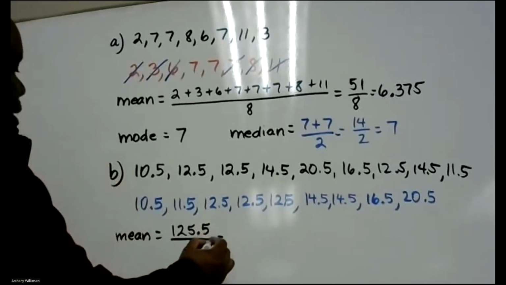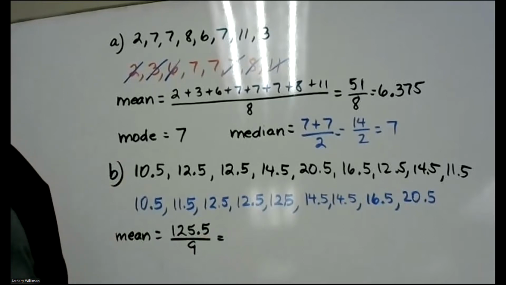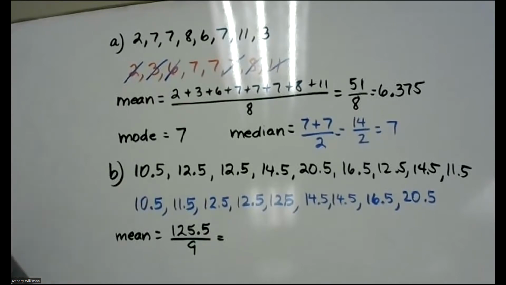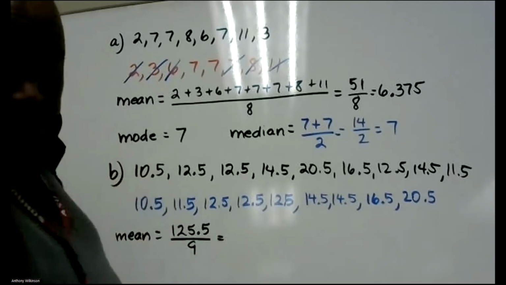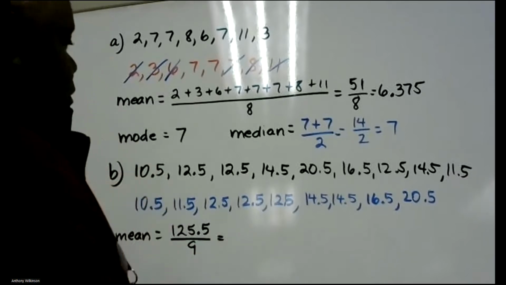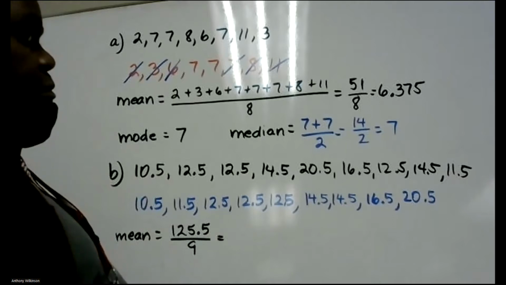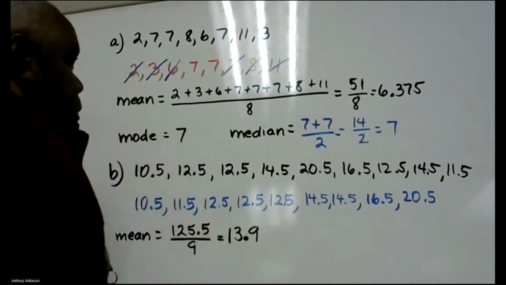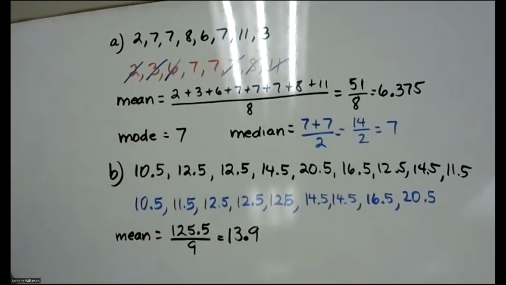That's going to be divided by 9 because there are 9 data values in that set. And let's say to 1 decimal place, what would your mean be? Okay. So the mean would be approximately 13.9. And here I got 13.9 with a 4 repeating. So to 1 decimal place it would be 13.9.